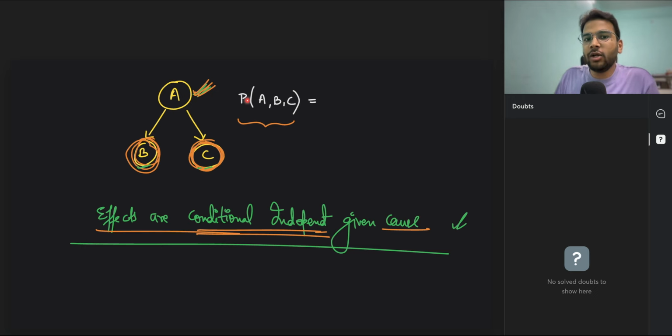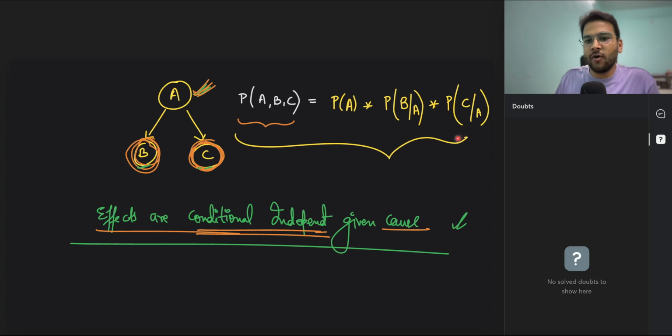So if I'm writing probability of A, B, C, that means probability of A intersection B intersection C, I can start with the node, or the parent, that does not have any incoming edge, because A is completely independent of anything. So I can write probability of A, multiply. Now let's consider B. I know that B is conditionally dependent on A, so I can write probability of B given A, multiply. What about C? C is also dependent on A, so I can write probability of C given A. This is how we are going to use it.